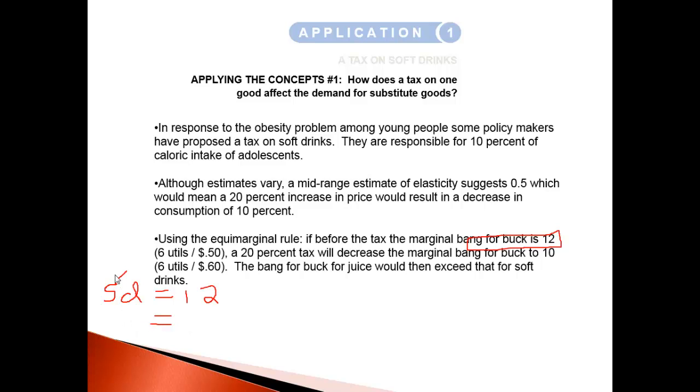I'm going to call this good X marginal utility, so MUX equals 12, and that's 12 utils. Man, I am not as good as I thought I was at writing this. Oh well. 12 utils, and then the marginal utility of Y is our juice. And let's just say that it is 10 utils.